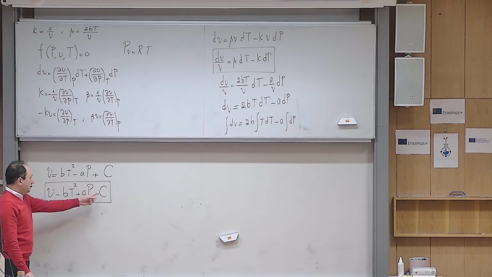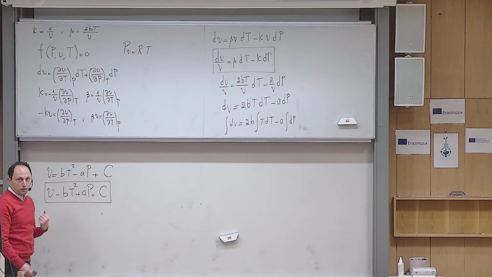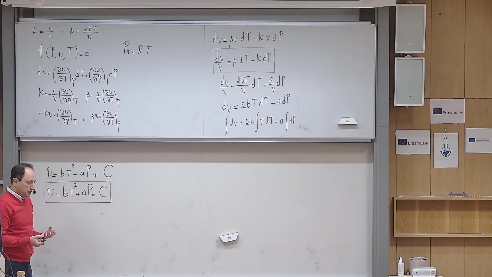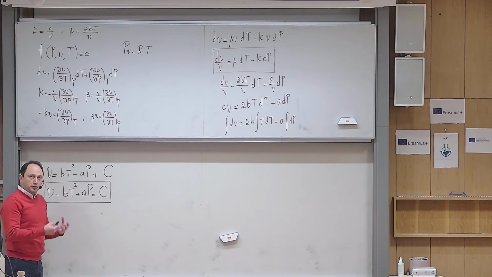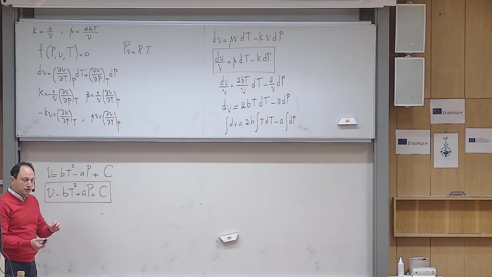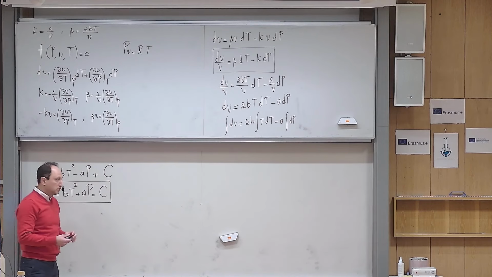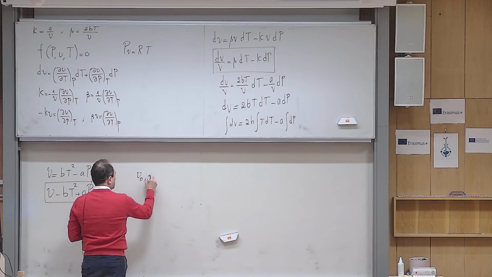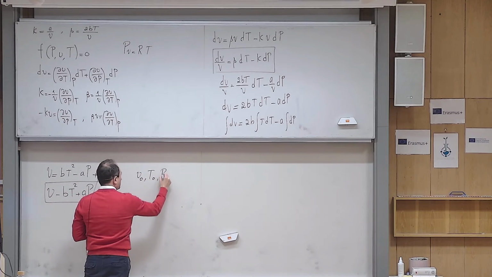But still, this constant is missing. So if I want to really understand my system by knowing its state equation, I also need to know C. So what we do, we prepare the system in an equilibrium state, and in that equilibrium state, we measure V, T, and P. So let us say those values for a particular equilibrium state are, as mentioned in the problem, V naught, T naught, and P naught.